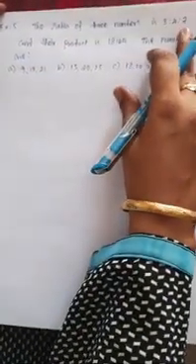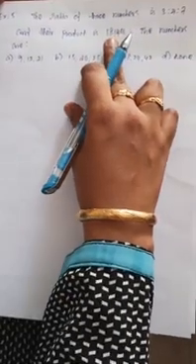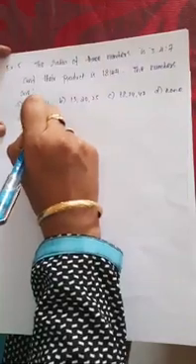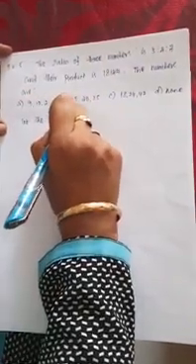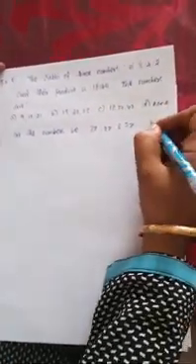Next problem. The ratio of three numbers is 3:4:7 and their product is 18,144. The numbers are, we find, so given the ratio 3:4:7, so let the numbers be 3x, 4x and 7x respectively.